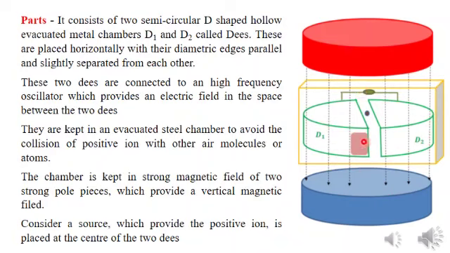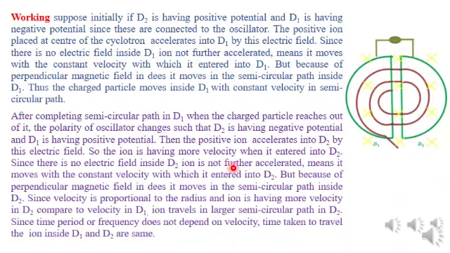Consider a source which provides a positive ion is placed at the center of two Ds. There is one window so that highly energetic ion can pass through it so that it can reach at the target. Suppose initially D2 is having positive potential and D1 is having negative potential, since these are connected to the oscillator.